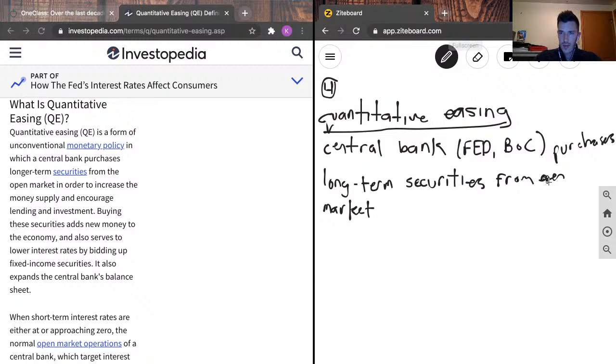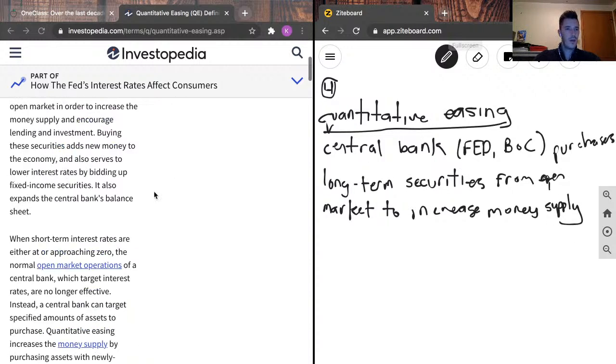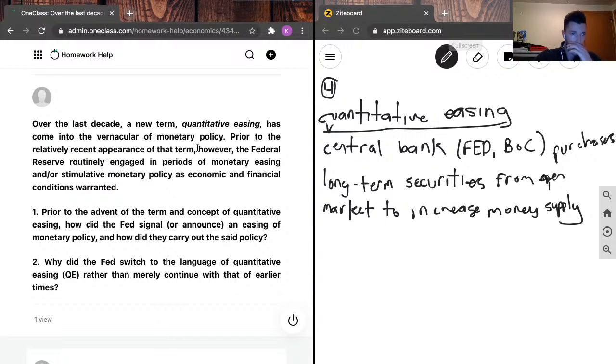Okay, I'm pretty satisfied with that definition.